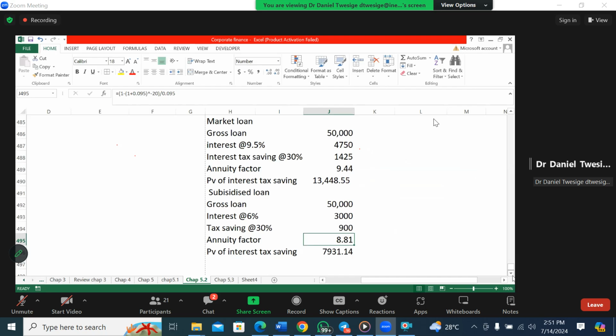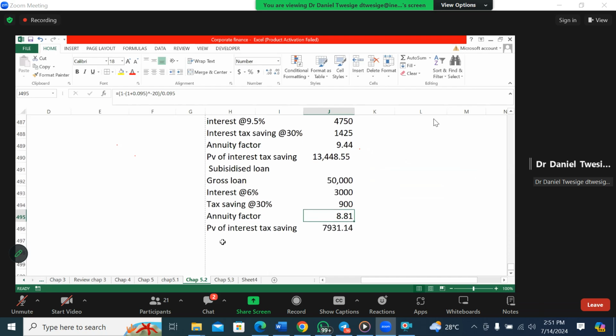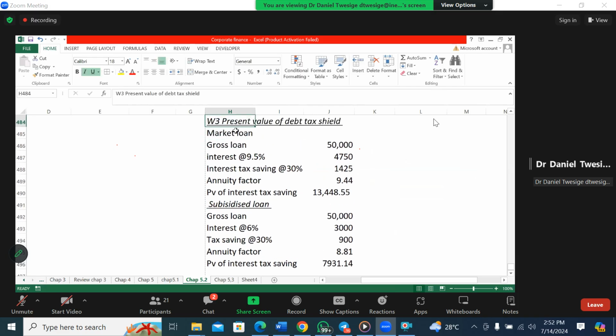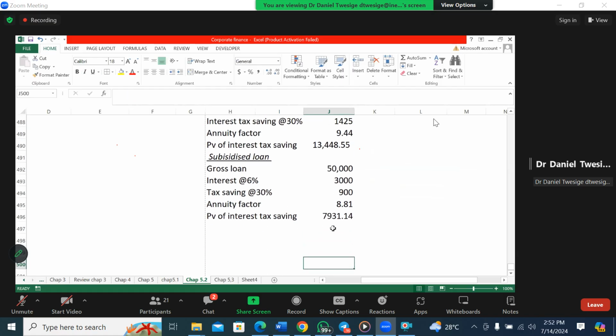Now, we are also saving an interest. We have this. Interest saved on the market loan versus the subsidized loan.